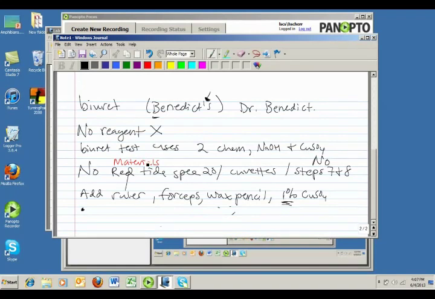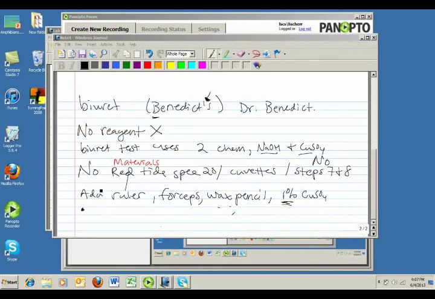The biuret test really just uses 2 different types of chemicals. It uses sodium hydroxide and copper sulfate. So really, I don't want you to say biuret reagent. The way you'd refer to it would be something like the biuret test uses 2 chemicals, sodium hydroxide and copper sulfate.